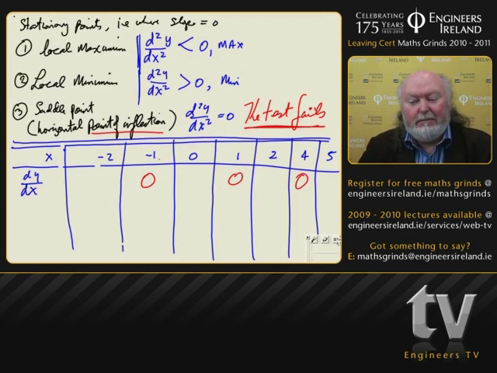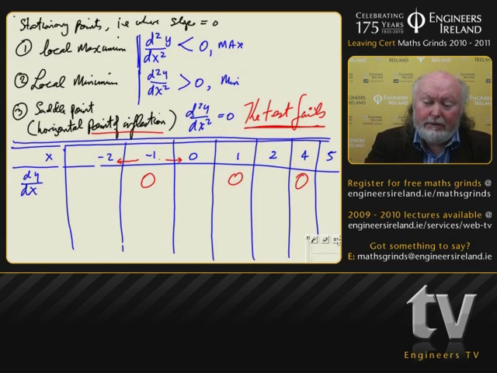And we're trying to establish now whether we've found maxima, minima, or point of inflection. And the trick is, you actually go 1 point below the 1, to like minus 2, 1 point above the 1, and we find out what the slope value is.